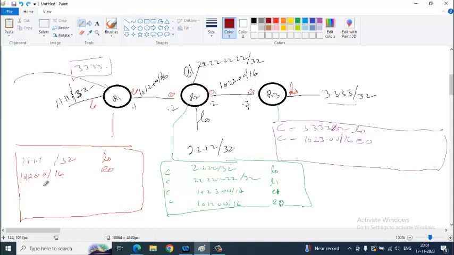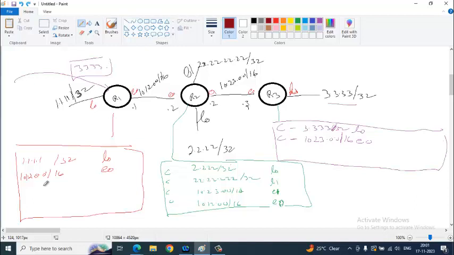Now R1 and R3, these two routers, they need not have detailed routes. Why? Whether you write a detailed route or a default route, you need to send it to R2.